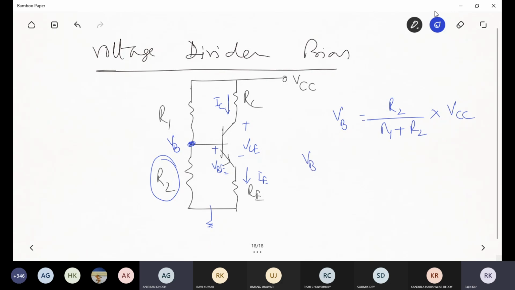And if I take this input loop, this is VBE plus IE RE, this is equal to VB. Okay.